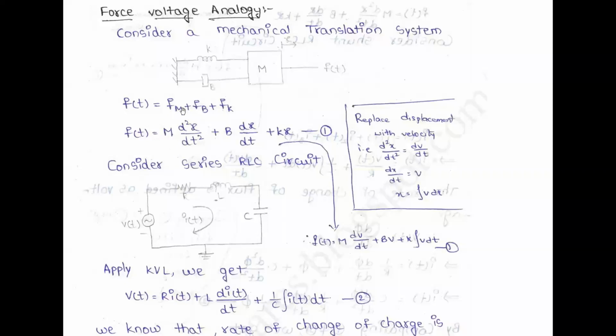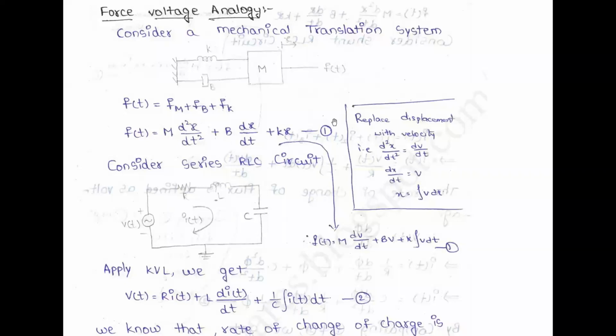The mass opposing force is directly proportional to acceleration, B opposing force to velocity, K opposing force is directly proportional to the displacement. By replacing displacement with velocity, d square x by dt square is equal to dv by dt, dx by dt is equal to v, x is integral v dt.